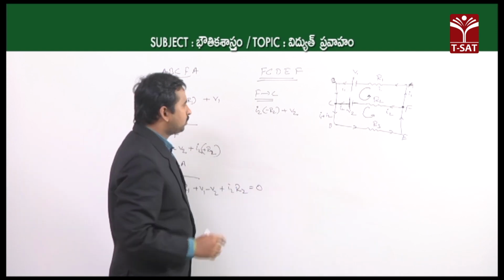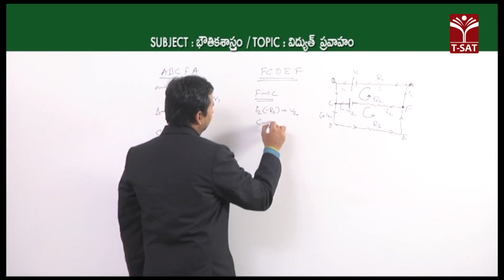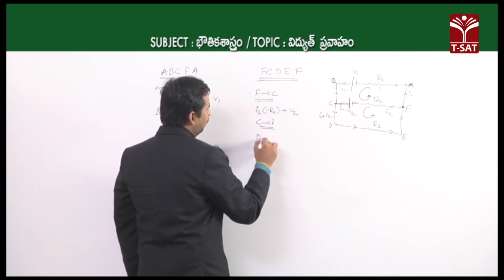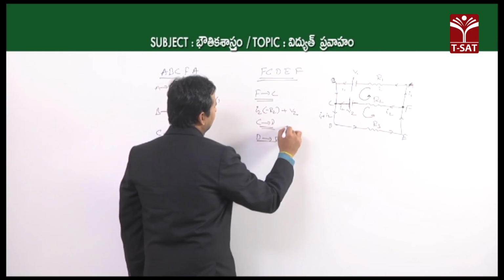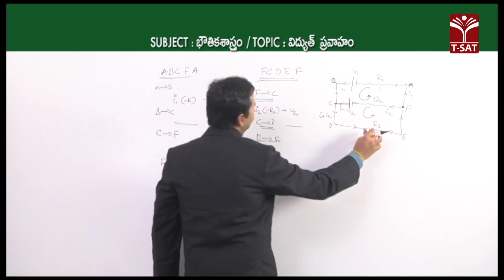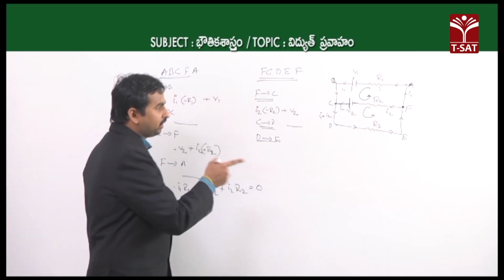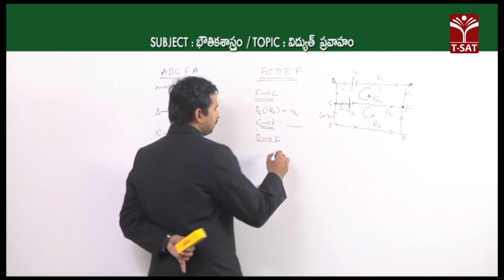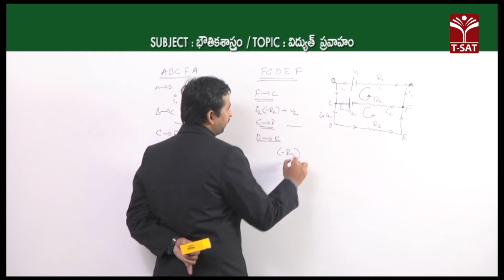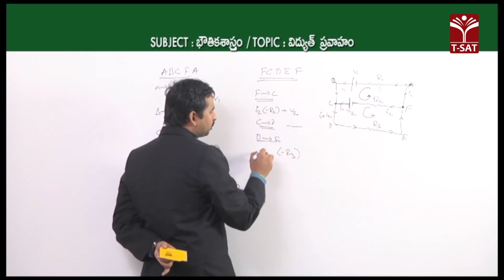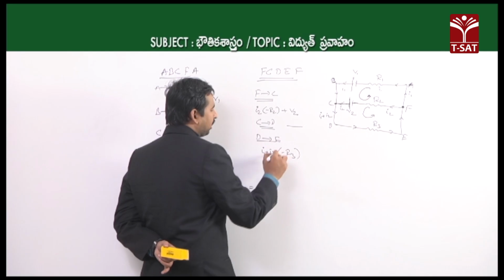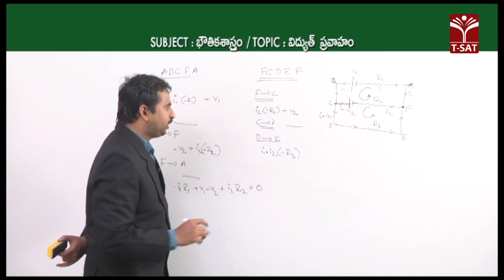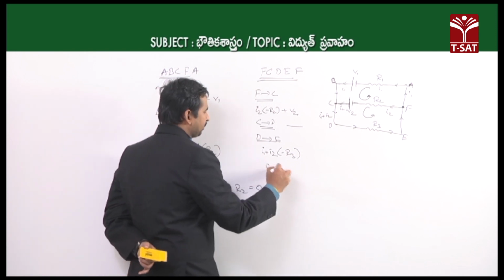Then from C to D, nothing is there, and going from D to E we have a resistance present. As you are going in the direction of the current, that resistance becomes minus R3, and the current passing through it is I1 plus I2. And after that, from E to F, nothing is present.